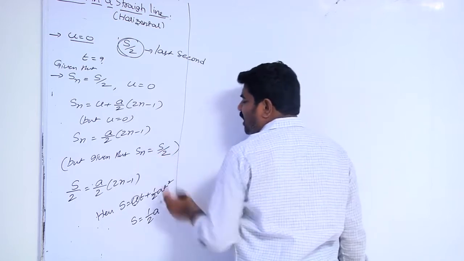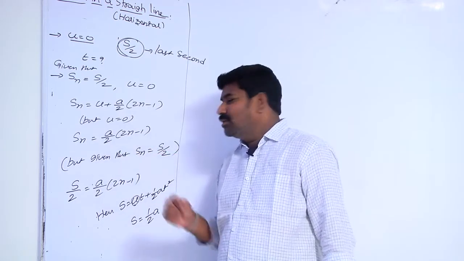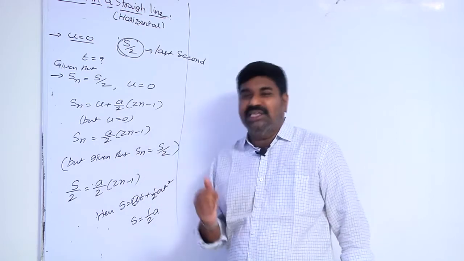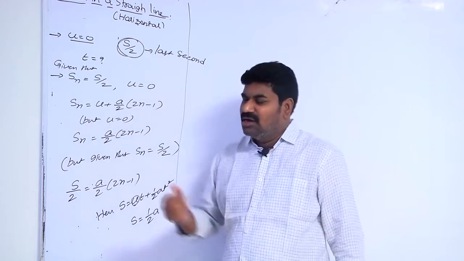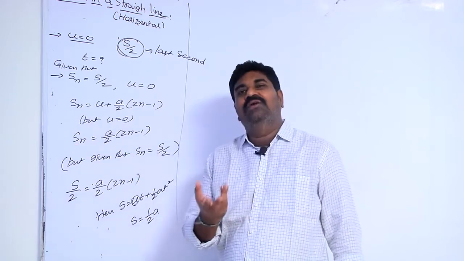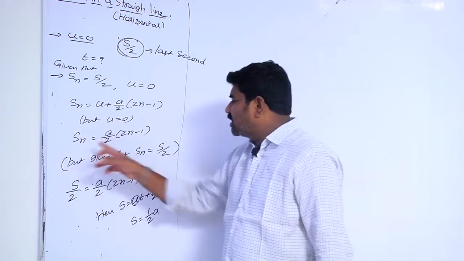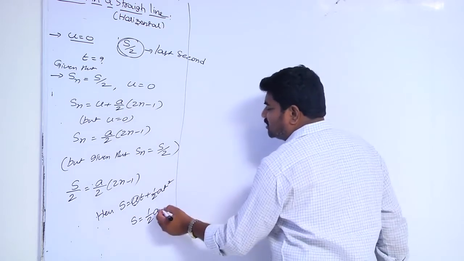Here, the last second is the nth second. For example, if the last second is the 10th second, what is the total time of journey? 10 seconds. If the last second is the 5th second, what is the total time of journey? 5 seconds. Here the last second is the nth second, so the total time of journey is nothing but n seconds.